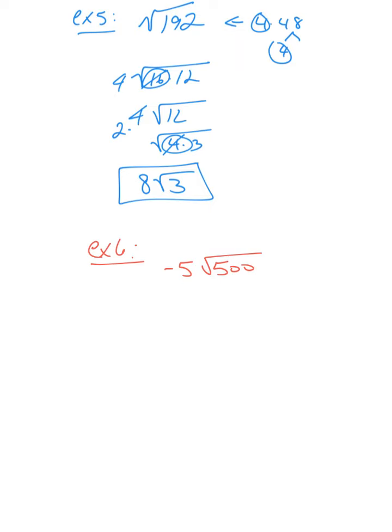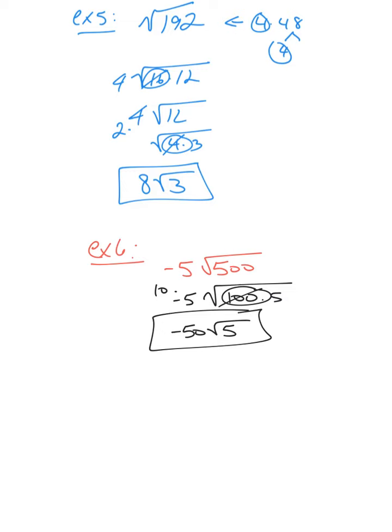So 500, I don't have to think very much for that one because I know 100 is a factor. So I'm going to rewrite that as 100 times 5, and 100 is a perfect square. You can copy the negative 5. The square root of 100 is 10. That 10 multiplies by the negative 5 that was already sitting out there, so negative 50 times the square root of 5.